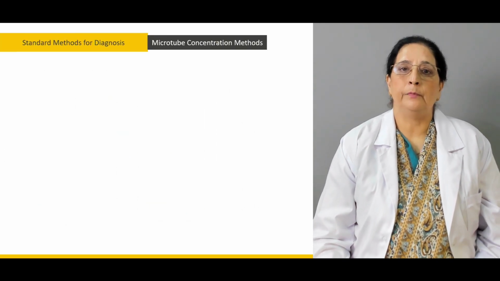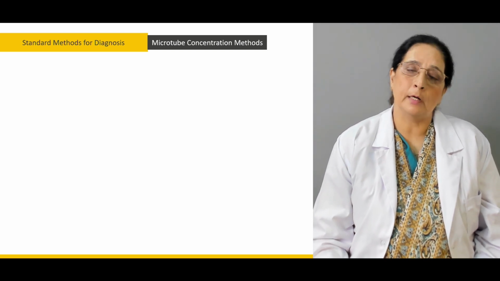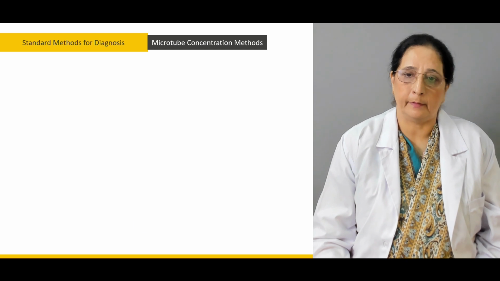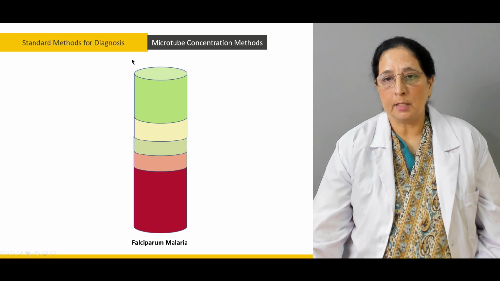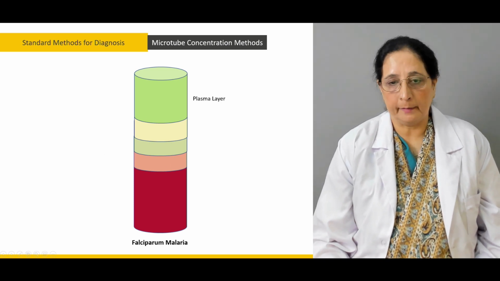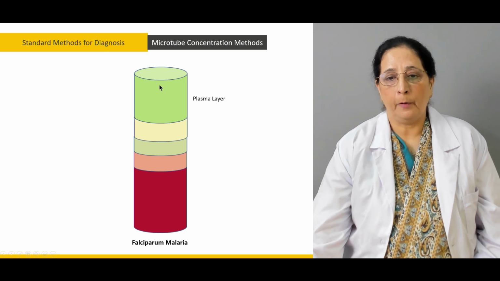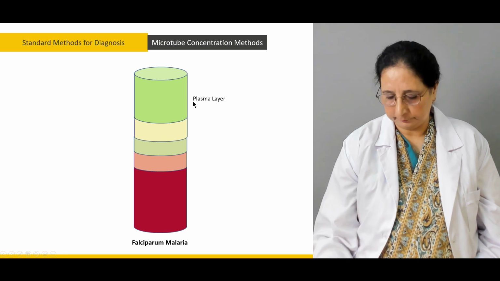Next, the other test for the diagnosis, we have the microtube concentration method. In this microtube concentration method, which is used for falciparum malaria, on top of the tube we have the plasma layer.